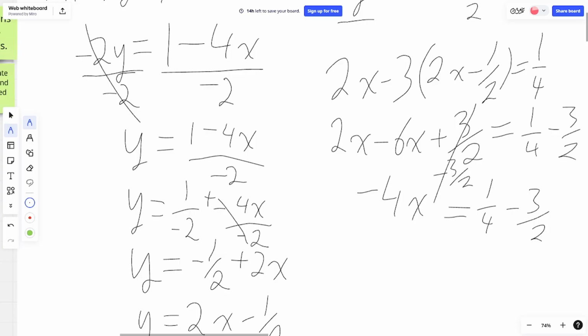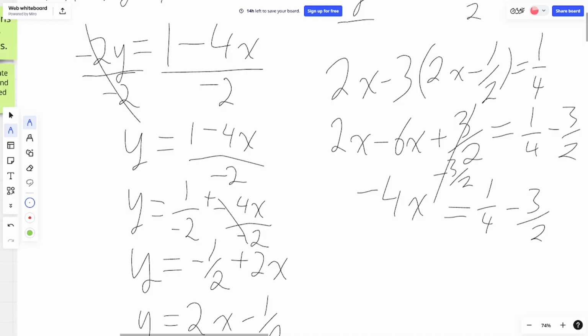Now, as we have two fractions on our right hand side, we can't simply subtract them out, we have to find the common denominator. So as 3 over 2 has 2 as its denominator, and 1 over 4 has 4 as its denominator, a common denominator will simply be 4.